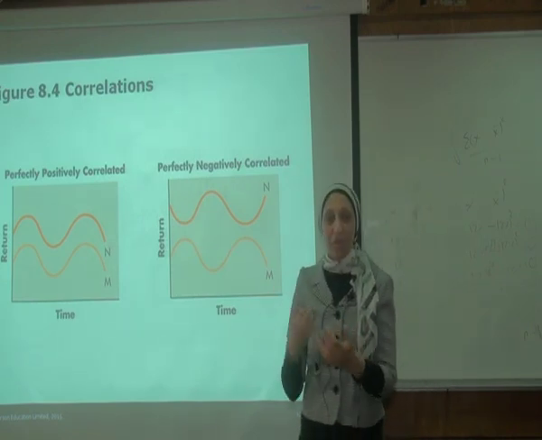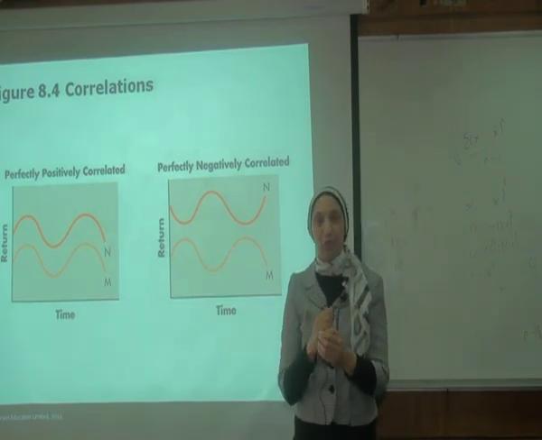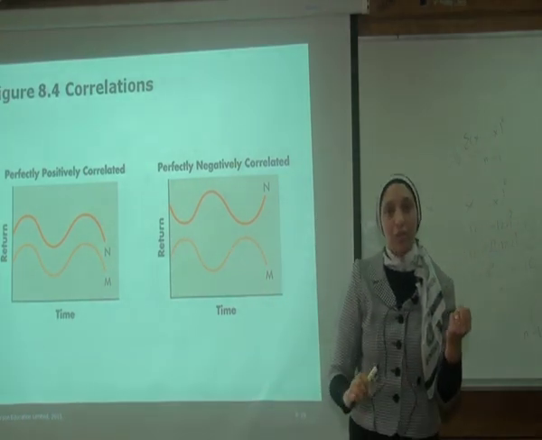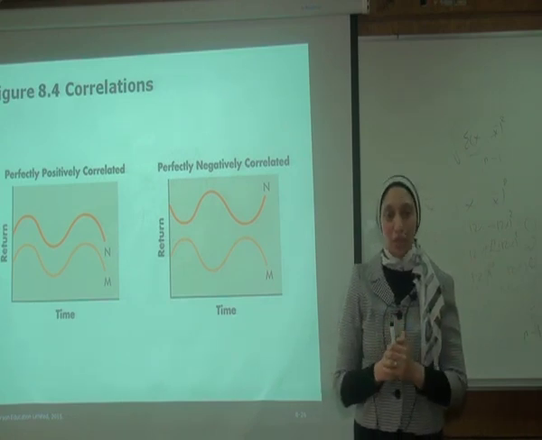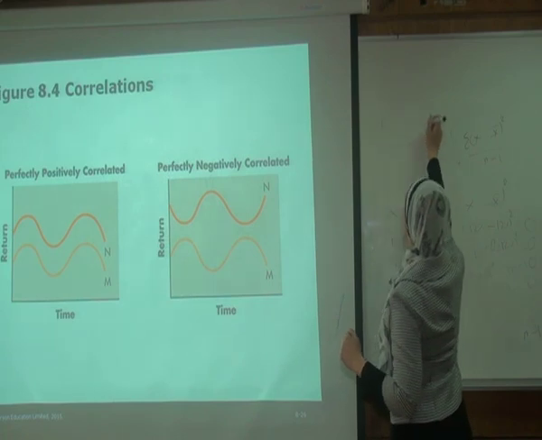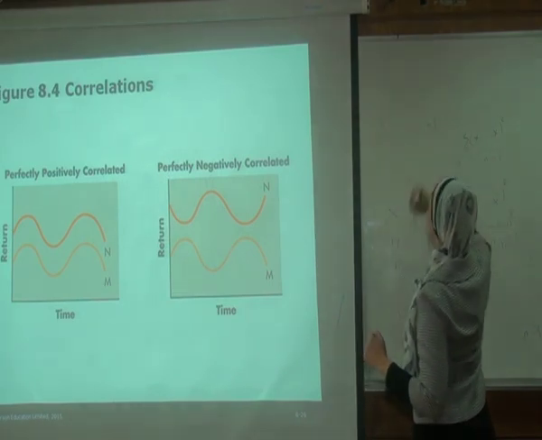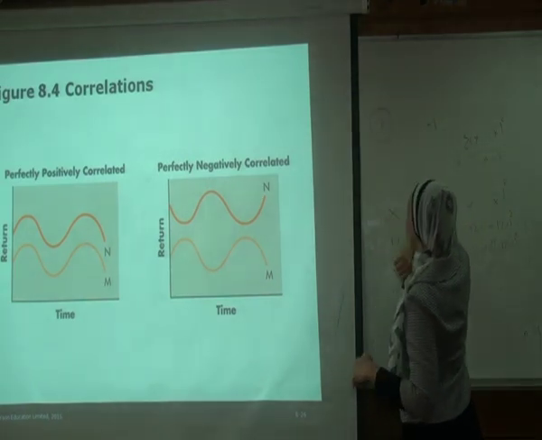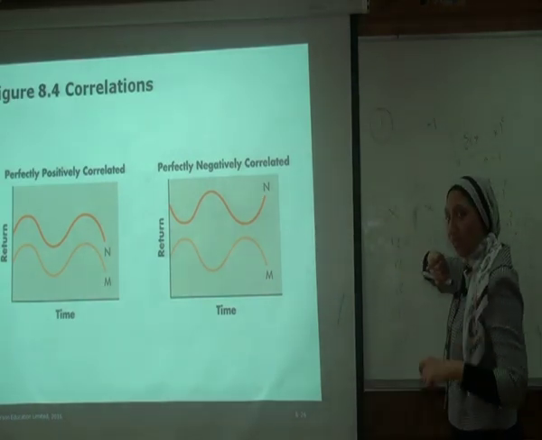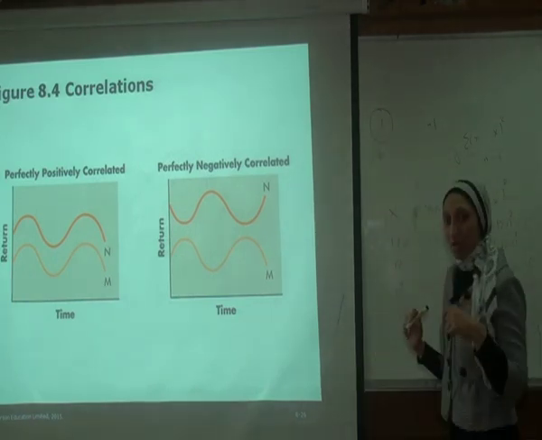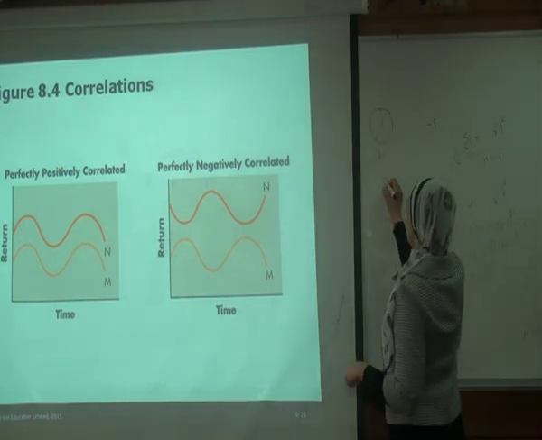In the real market, this is not the case. We don't have that perfect positive or perfect negative correlation. But we have strong positive or strong negative correlation. So our correlation would be between 1 and -1. 1 is perfect positive correlation. 0.7 is a strong positive correlation.